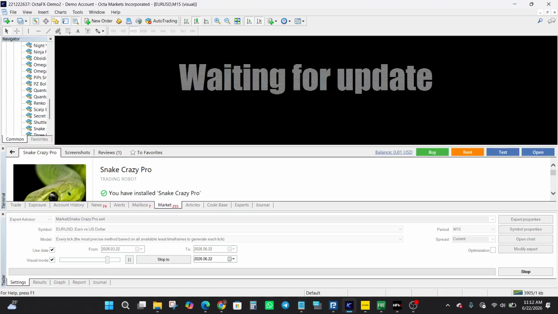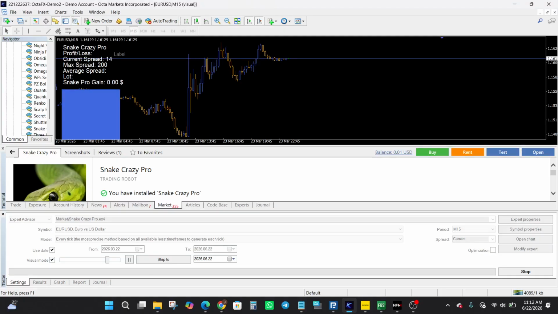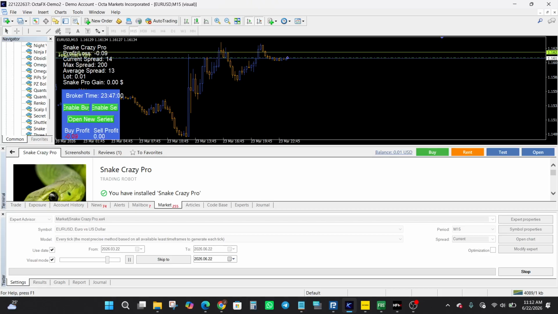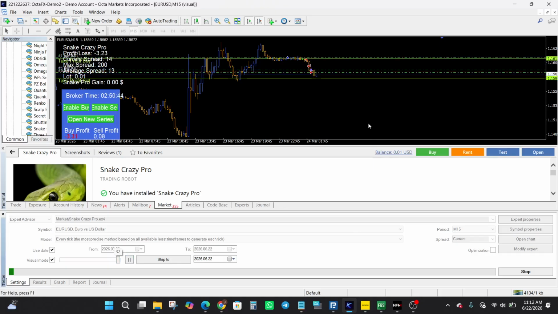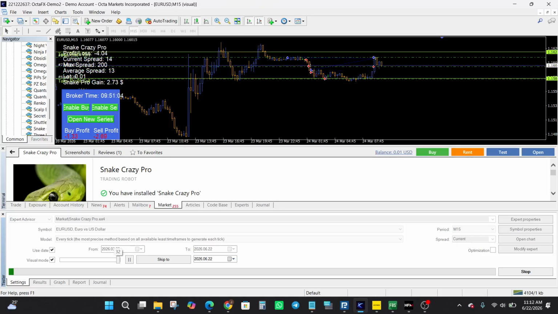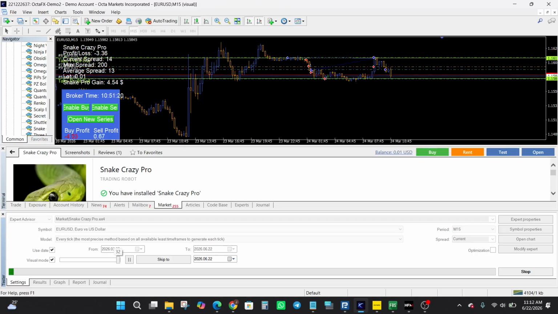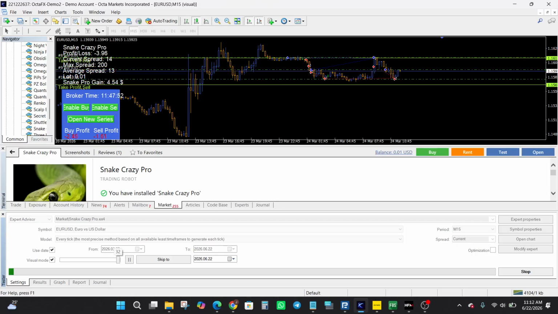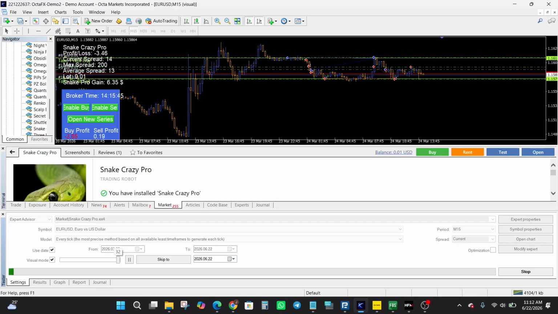All right, when reviewing historical testing, I always like to focus on how the EA behaved across the tested period rather than concentrating solely on profit figures. Since this EA can open multiple orders and includes numerous strategy variations, it is important to evaluate not only profitability but also consistency and overall risk exposure.